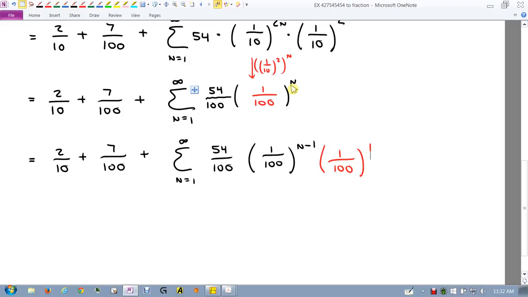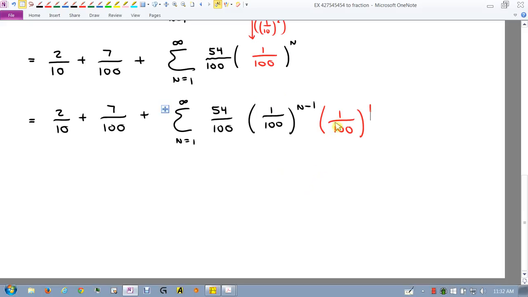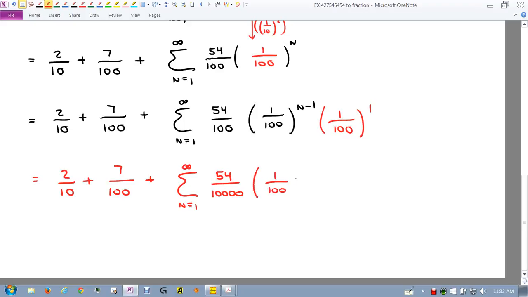When you add the exponents, you get n. 1/100th to the first power is just 1/100th. Bring that over here, and that would become 54 over what? 10,000? One 100th to the n minus 1. There it is.